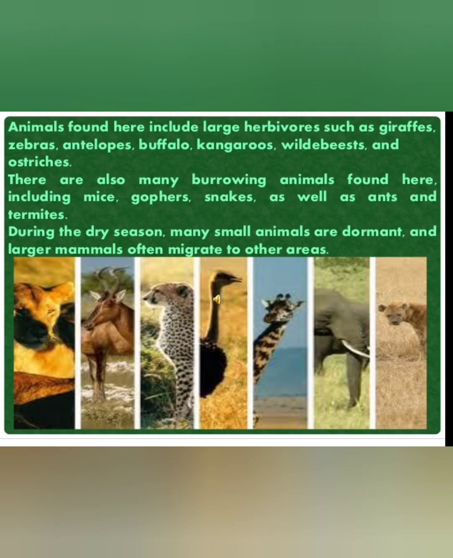There are also many burrowing animals found here, including mice, gophers, snakes, as well as termites. During the dry season, many small animals are dormant and larger mammals often migrate to other areas.